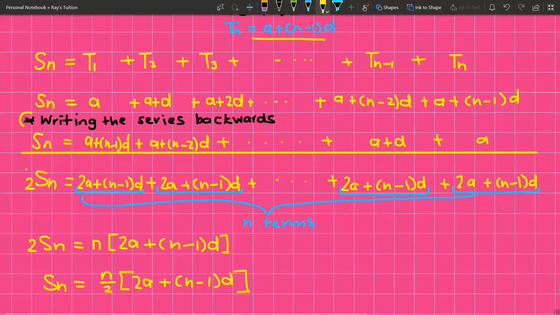The trick is to write it backwards: we write the same Sn, but backwards. When we add the terms together, we get the same term each time, and we have n of those. So 2Sn is equal to n times 2a plus n minus 1 times d. Finally, we solve for Sn, and that is how we get the formula.